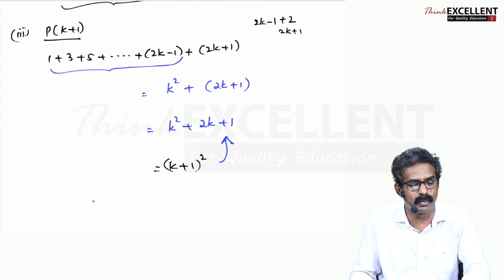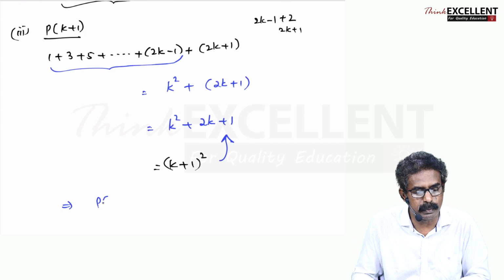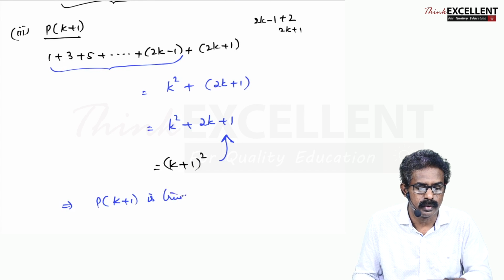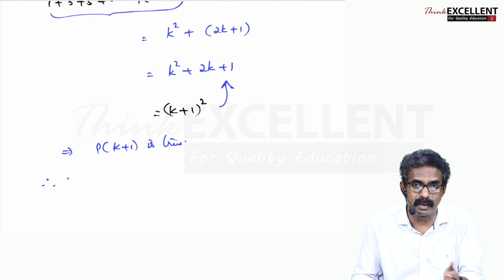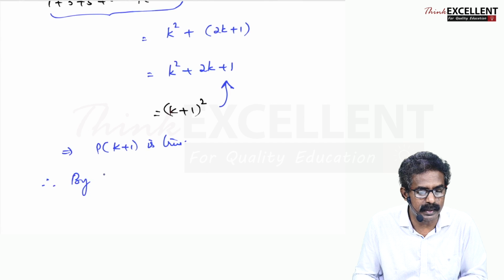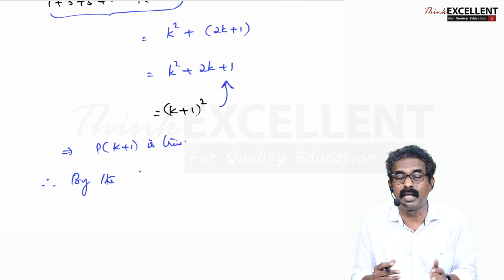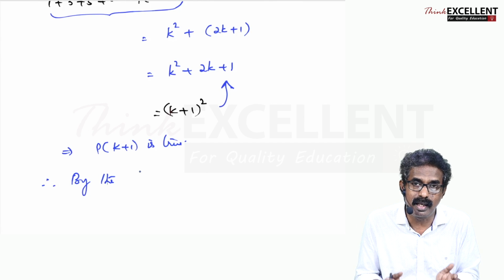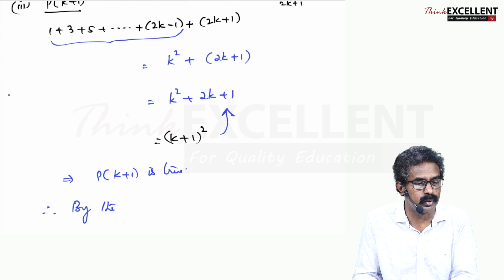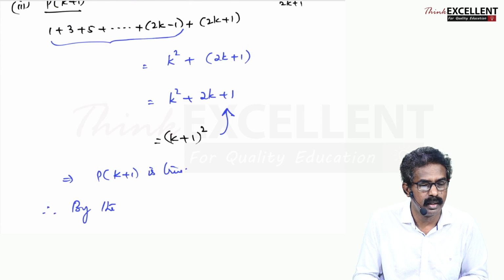Yes, you got it. So what can you say? Which implies P of k plus 1 is true. So finally you say, therefore, like the previous question I wrote: by the principle of mathematical induction, P of n is true for all natural numbers, and you must write the conclusion. Okay, so hope you understood this.